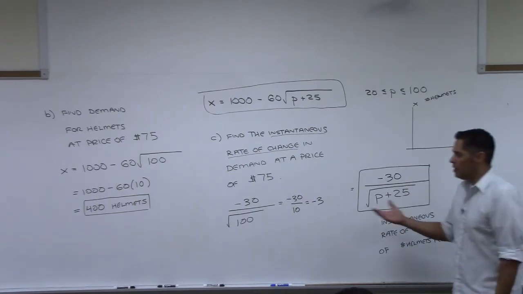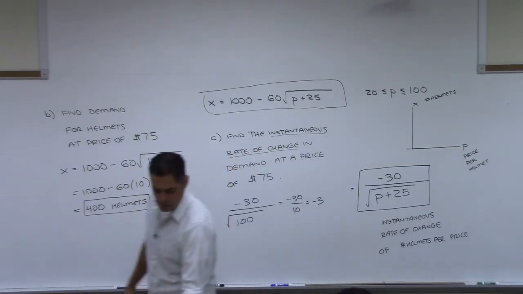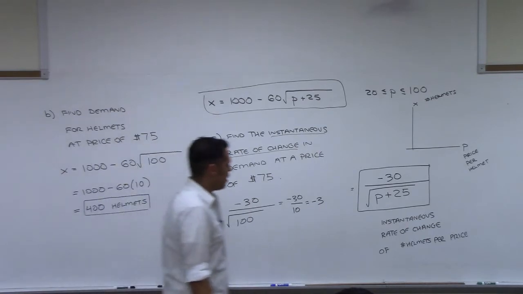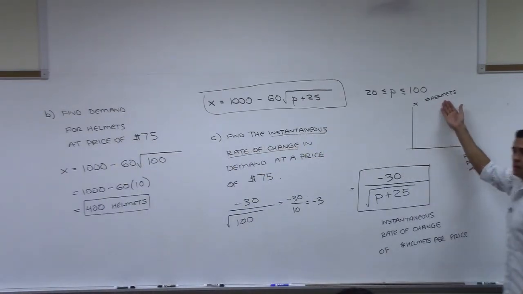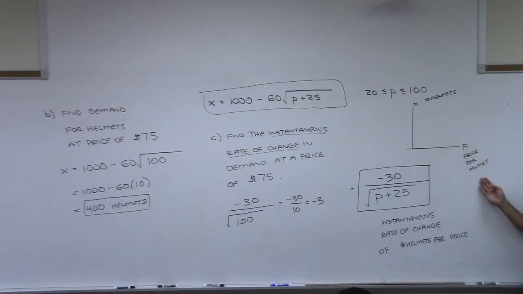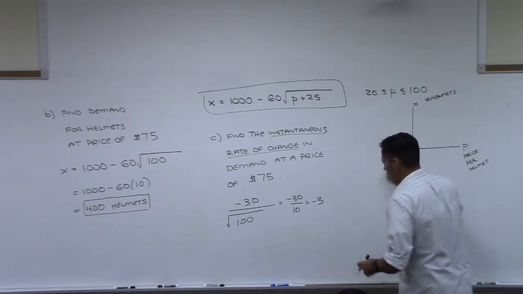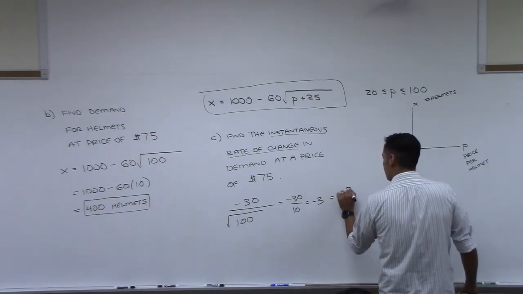Negative 3 what, though? We need to understand what this number means. It's rise over run, which is helmets per price. Per price is weird, so let me help you see it this way. Do you all agree that negative 3 is negative 3 over 1?